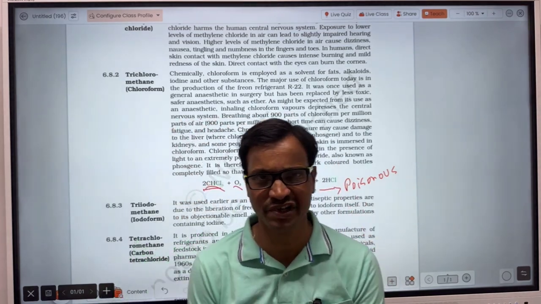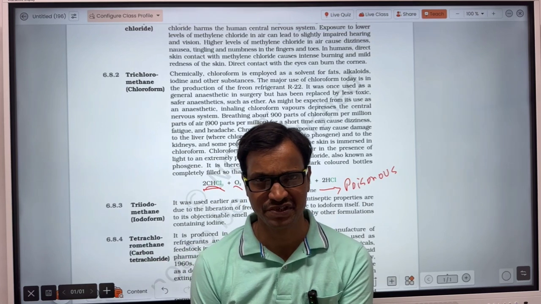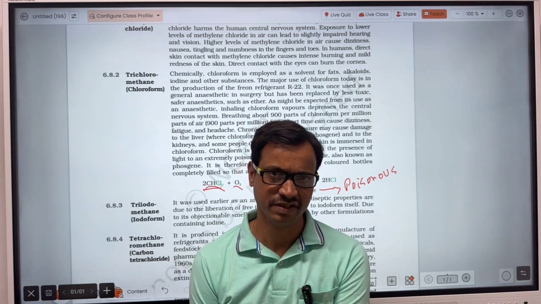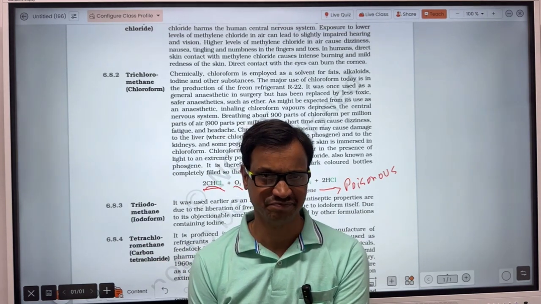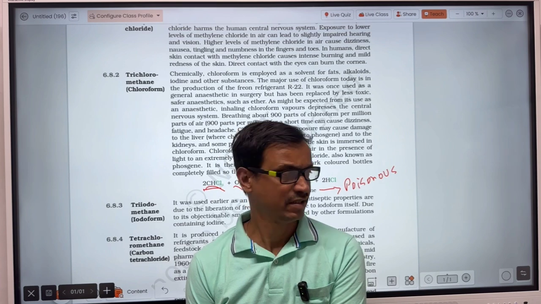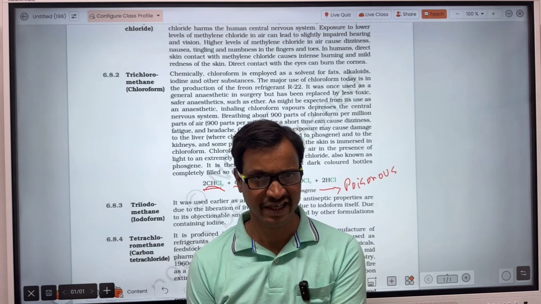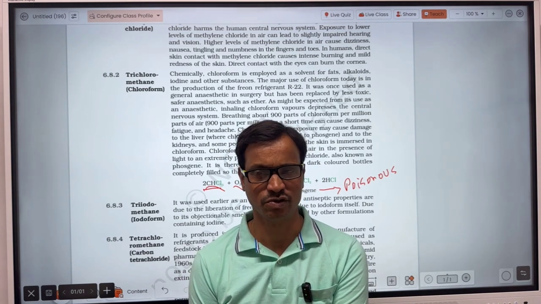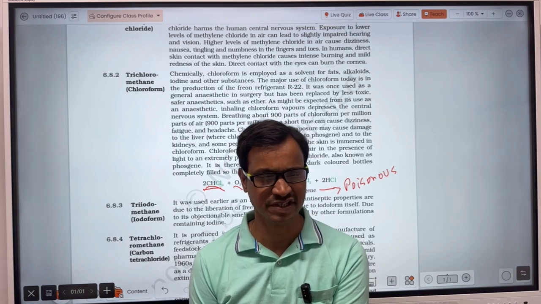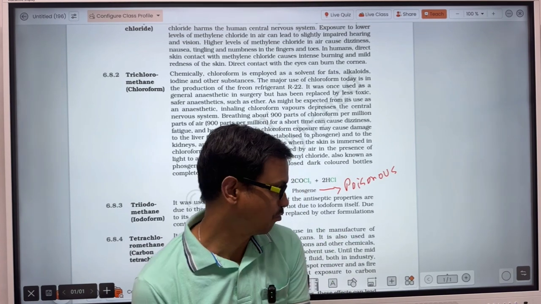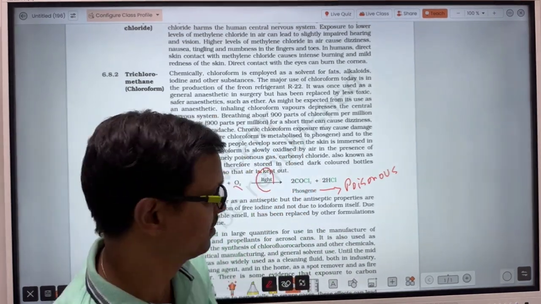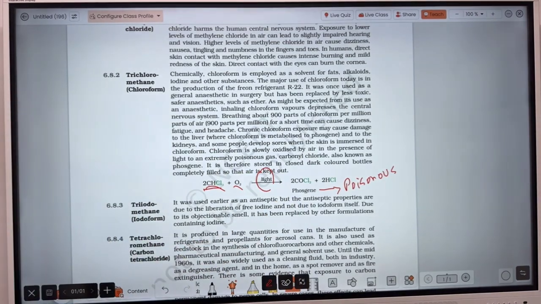This point is very important: when chloroform comes in contact with oxygen in the presence of sunlight, it forms a poisonous gas, phosgene, whose formula is COCl2.